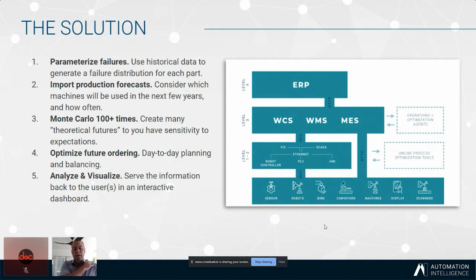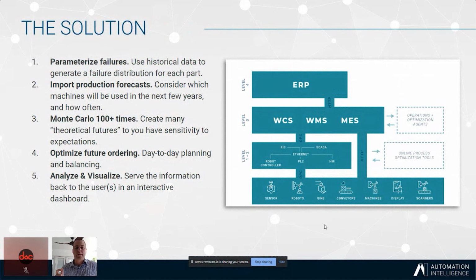So the first thing is we need to understand how to parameterize failures, right? So how do we know how a factory plan or how a production forecast will translate into part failures? For each individual part, it may fail specifically to a given machine, or it may fail specifically to a type of product that is producing.